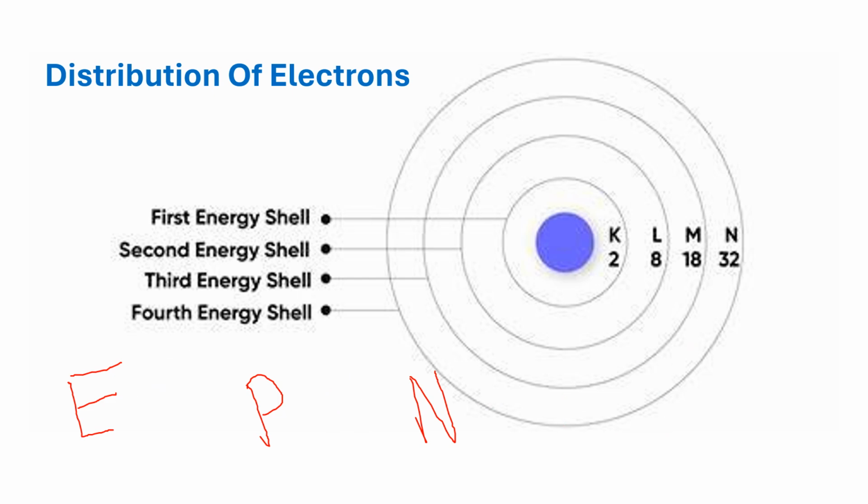Now we will see the distribution of electrons. The distribution of electrons in an atom is called the electronic configuration. Electrons are distributed according to their potential energies in different orbits.